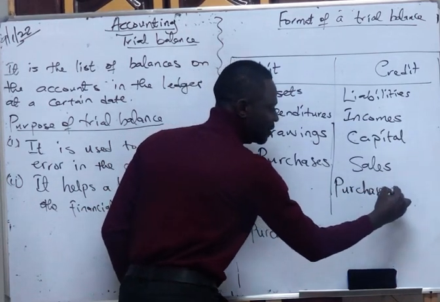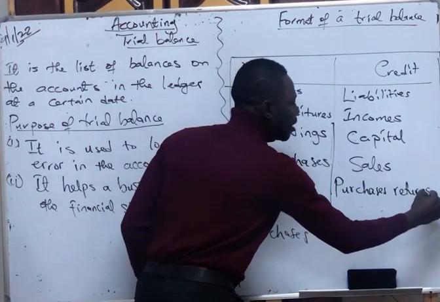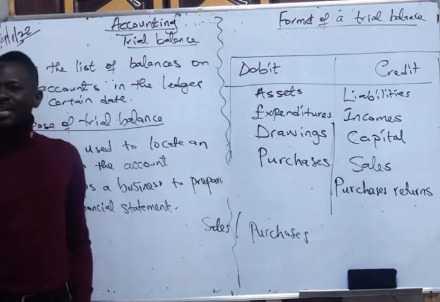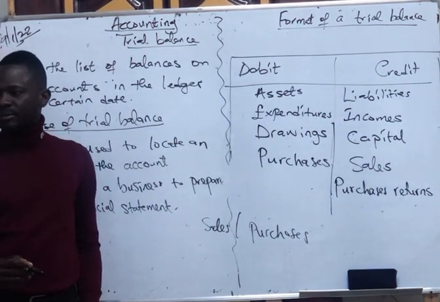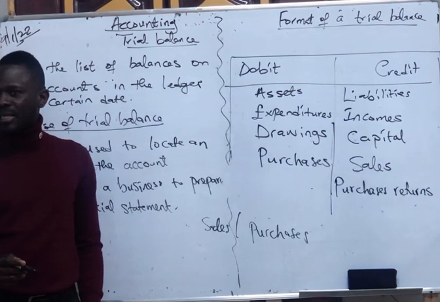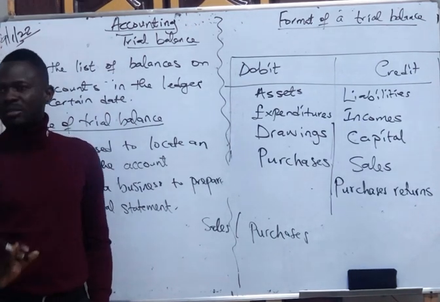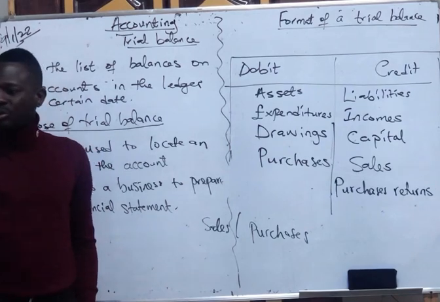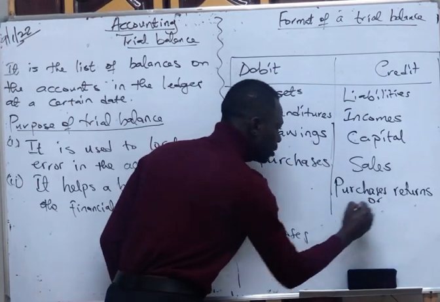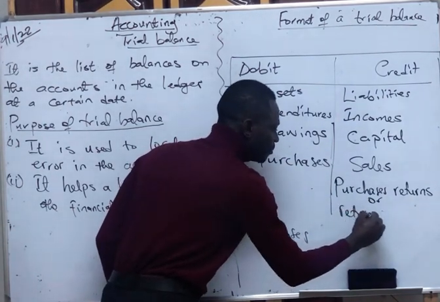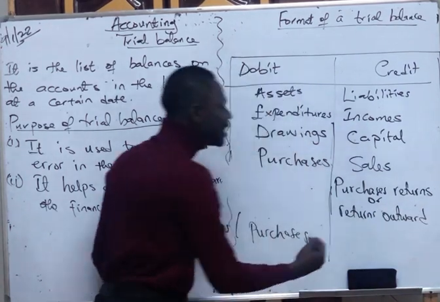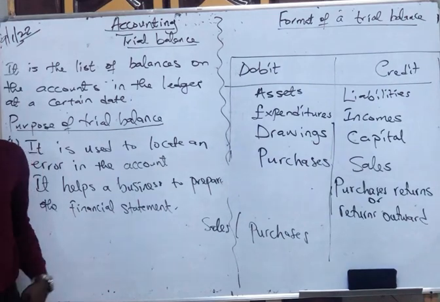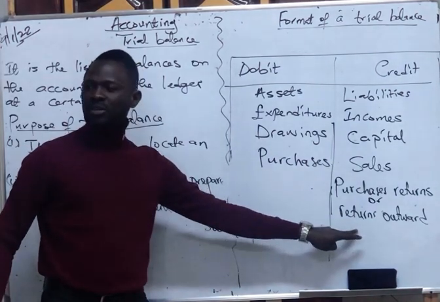Purchases returns is the same as return outward. Do you understand? You purchase and you are returning it back to the business. Returns outward. So, either purchases returns or returns outward is going to be where? The credit side of your trial balance.